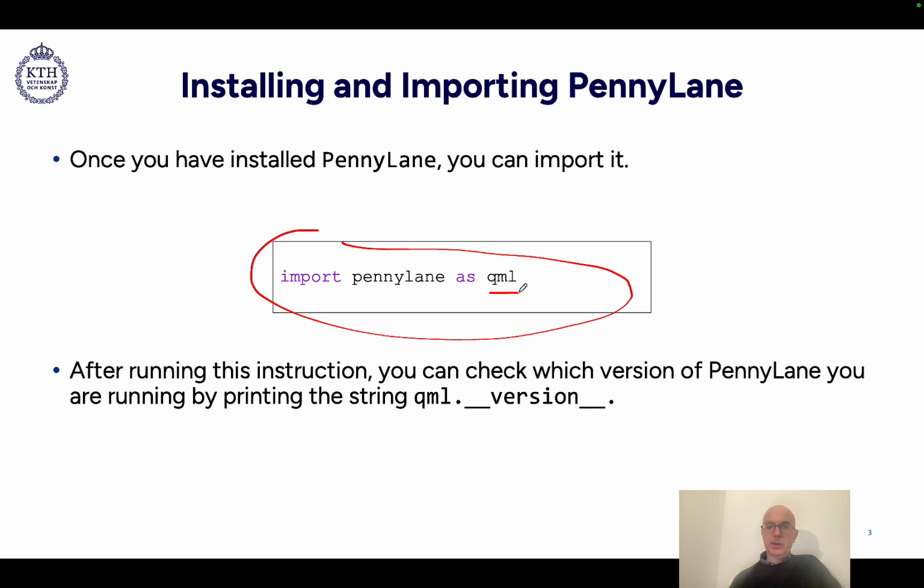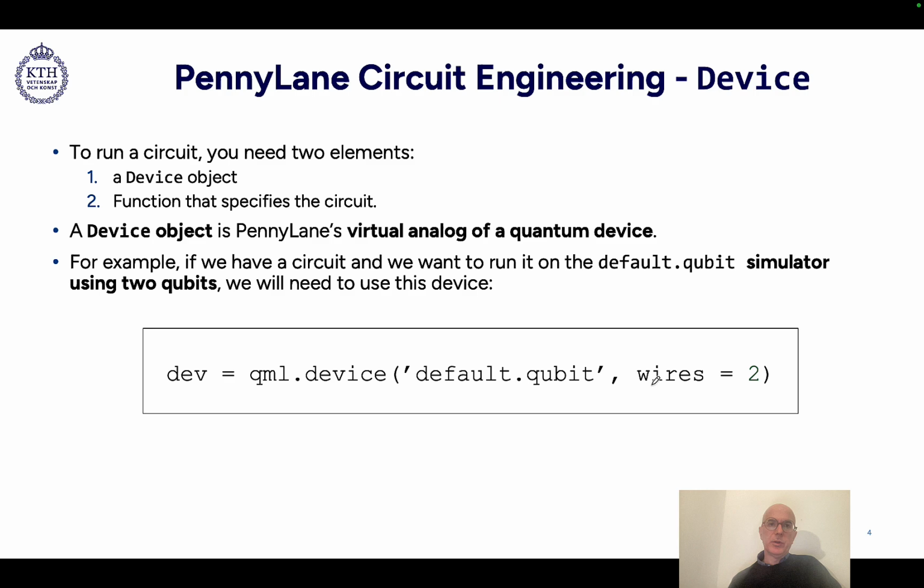After running this instruction, you can check which version of PennyLane you're running by printing qml.__version__. PennyLane, and in general all quantum software, is updated quite frequently. So sometimes some of the instructions in this course only apply to a certain version, so it's important that you know the version itself.